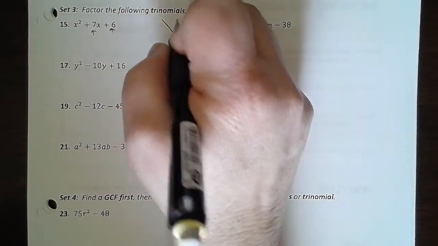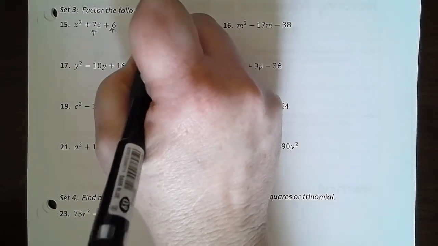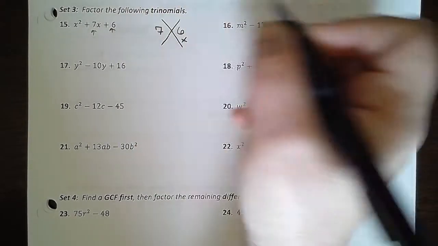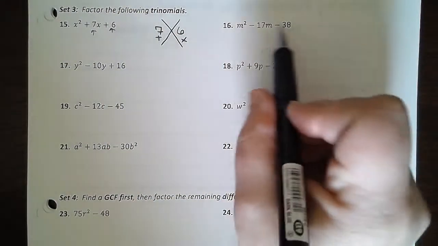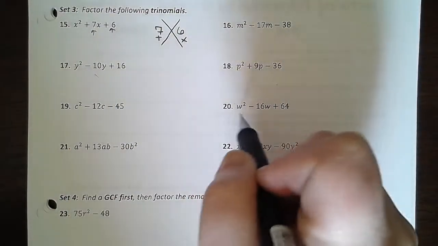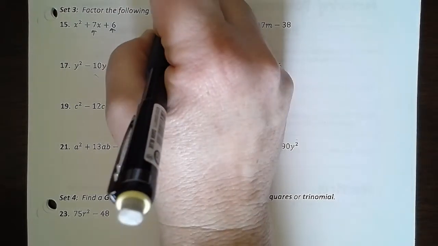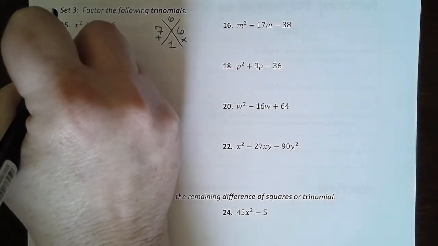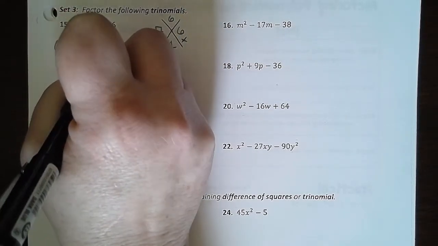And I say, okay, my last number is 6 and my middle number is 7. So what two numbers multiply to 6 and add to 7? Okay? And it's going to matter when you're looking at your signs here. So take a look at those. So that's going to be 6 and 1. All right? So this is going to be x plus 6 times x plus 1.